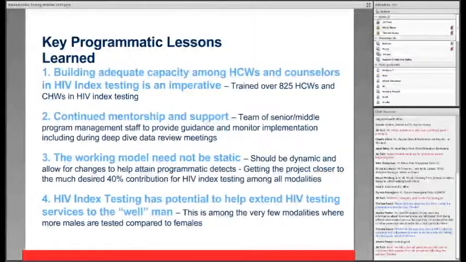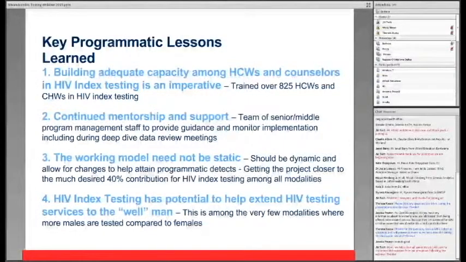extend HIV testing services to the well man, the man who is not sick and is physically okay, so to speak, has no opportunistic infection, and going to a facility for an HIV test might actually not be one of his priorities, if you check a priority list.